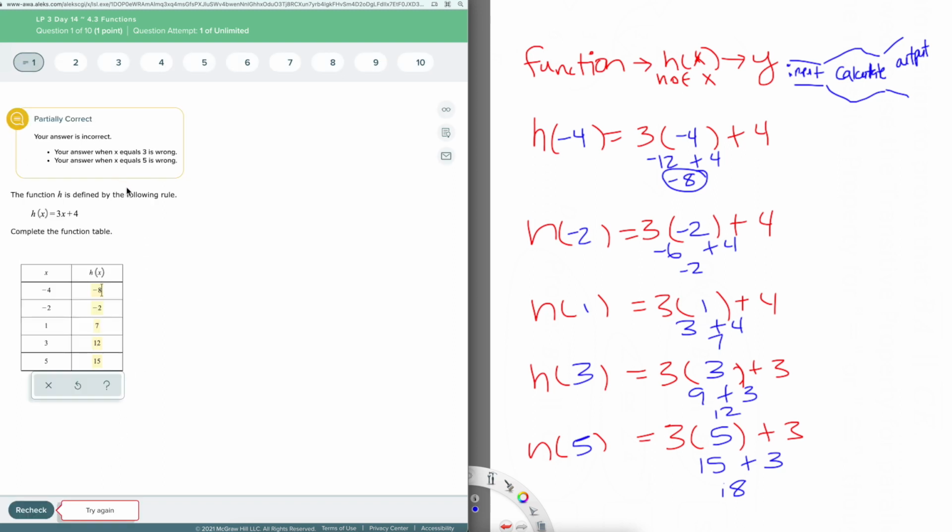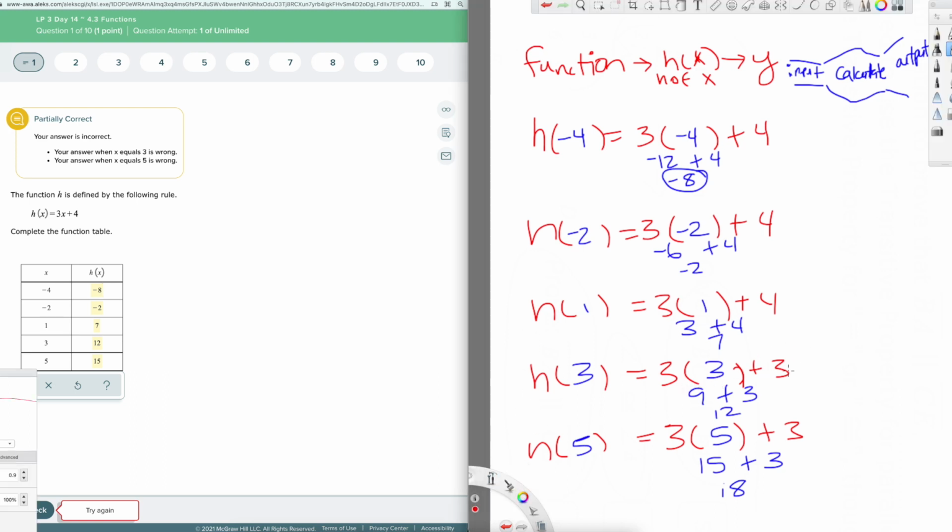Uh-oh. What did I do? Let's see. 3 times... Oh, why did I write plus 3? I'm losing my crazy mind here. I changed it to 3's on the last one and didn't even notice. The pattern changed.